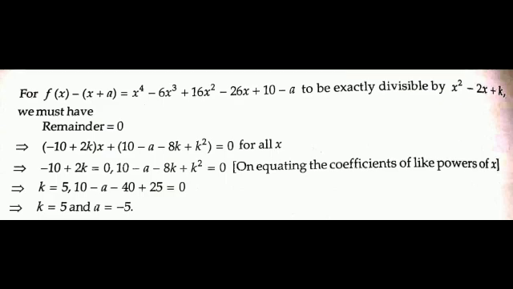So 10 minus a minus 40 plus 25 should be equal to 0, using k is equal to 5, because we have already calculated k is equal to 5. So here we will have a is equal to minus 5.